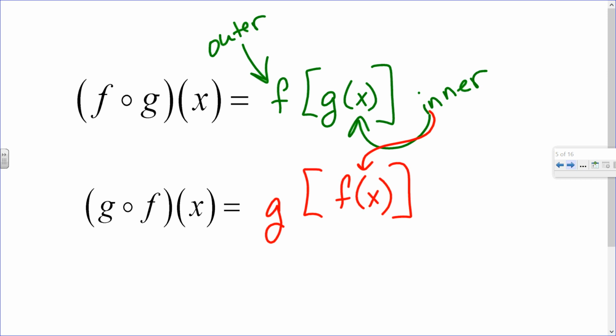Now, f of x is on the inside, and g is the one that's on the outside.